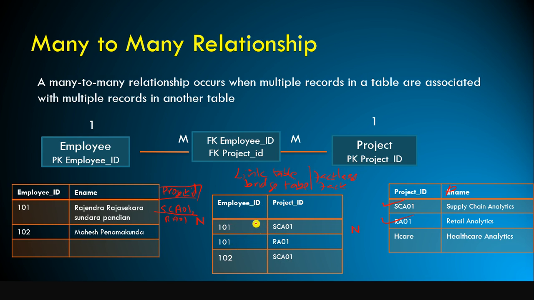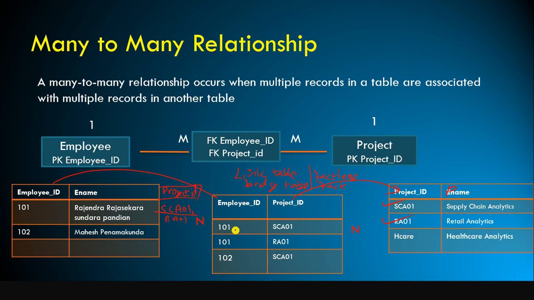But here you can have the duplicates for the employee ID column. Similarly, you can have the duplicate ID for the project ID column. So here the employee ID is the foreign key to this employee table, and the project ID is the foreign key to this project table's project ID column.